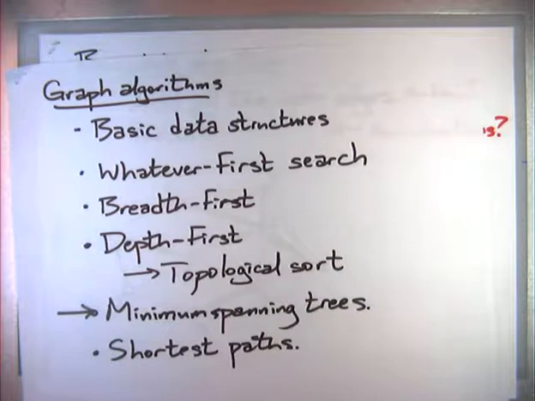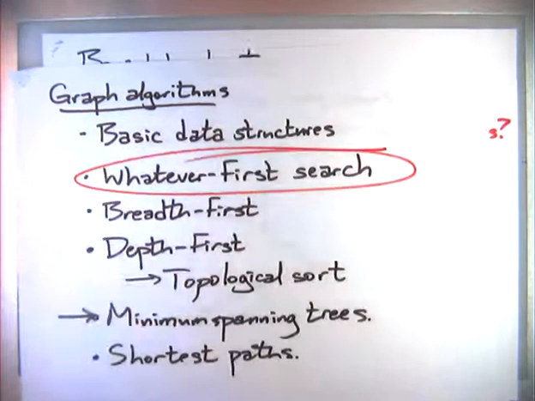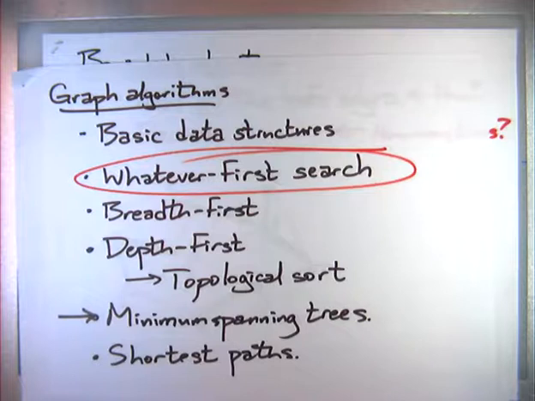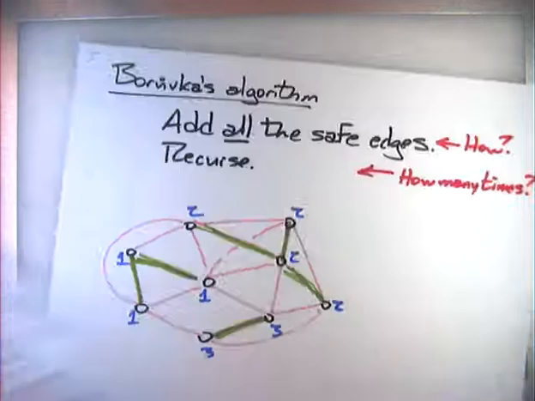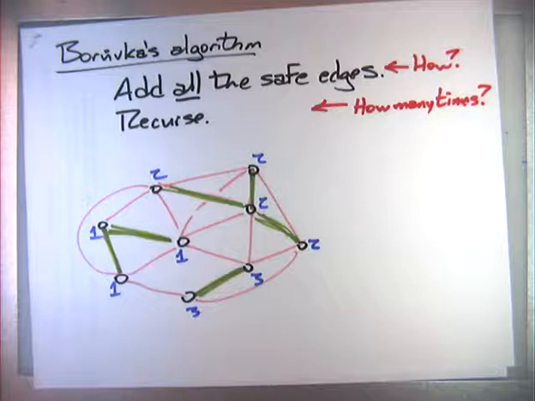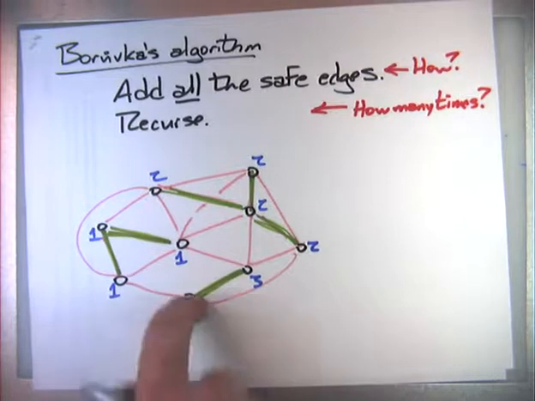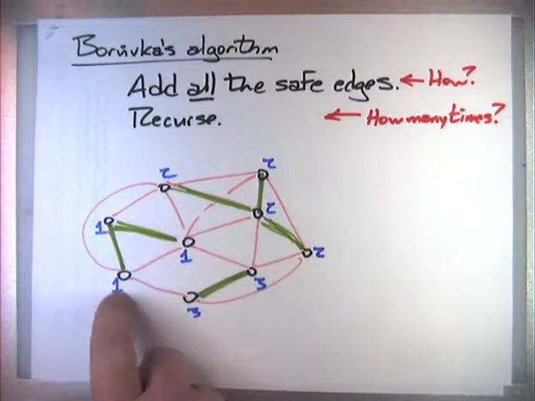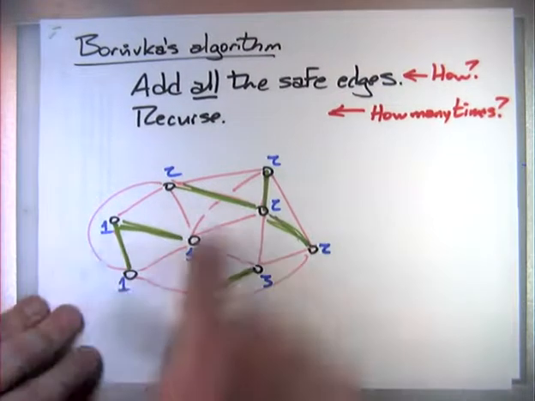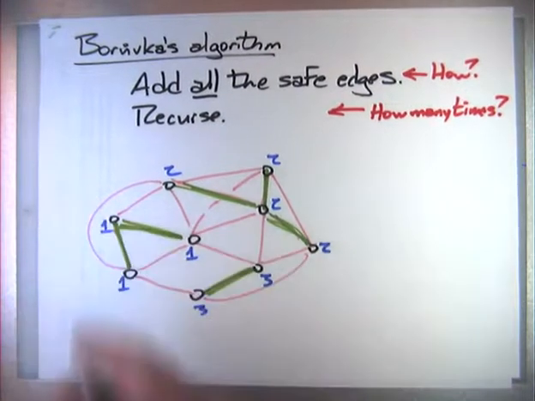How do you number the components of a graph? Right here, the first algorithm we saw. I run a whatever-first search in F. I start here, 1. I'm going to number everything connected to this vertex with a 1. I find all of these things, and whenever I visit a vertex, I label it with a 1.